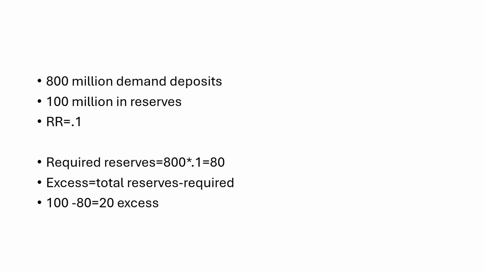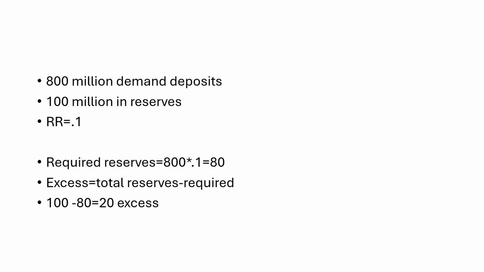All right. A bank has 800 million in demand deposits and 100 million in reserves. That's 26 and 5. If the reserve requirement is 10%, the bank's excess reserves equal. All right, so I got 800 million in deposits, 100 million in reserves.